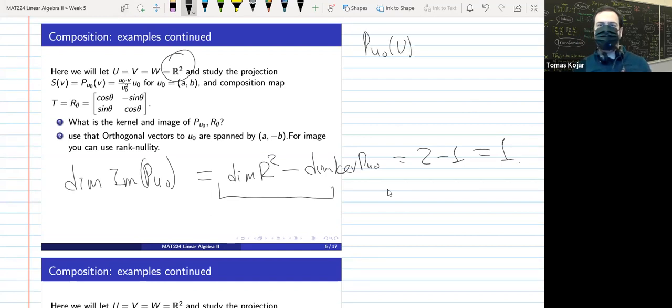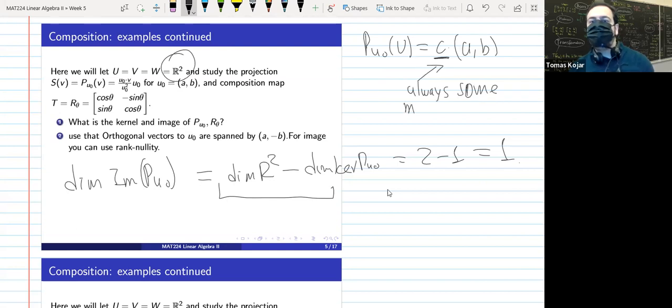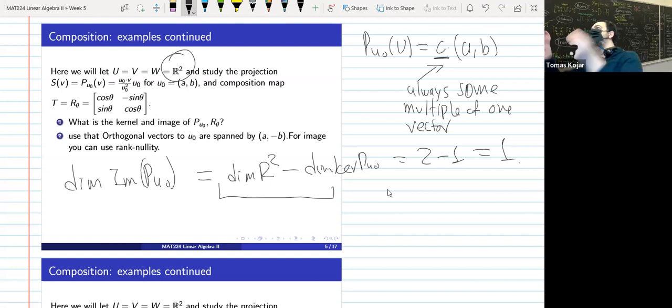P U0 of V is some constant times U0, so it's always some multiple of one vector. C is just a number, this dot product, whatever, it's a number, and it's times the vector. So it's always 1D.